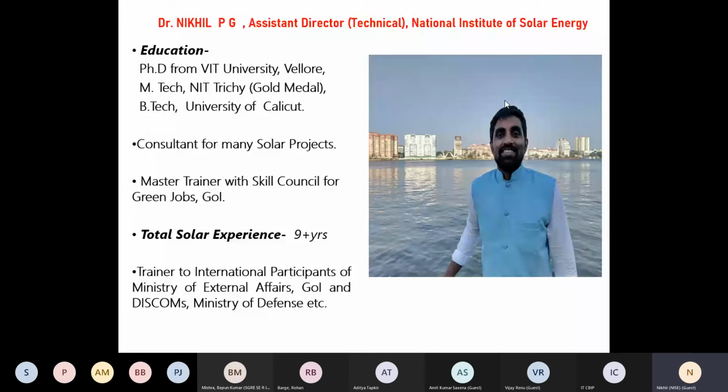Currently, I'm working with the National Institute of Solar Energy as Assistant Director Technical, and my major area is solar radiation and the consultancy activities in the institute. I'm also a trainer with the institute as well as the Skill Council for Green Jobs, training many participants in this sector of solar energy.